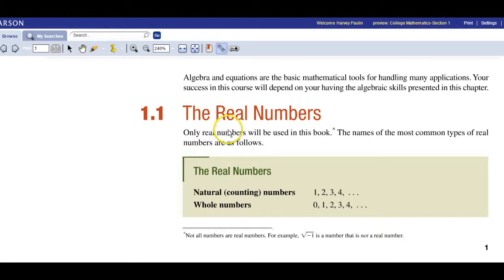It says only real numbers will be used in this book. And what are real numbers?